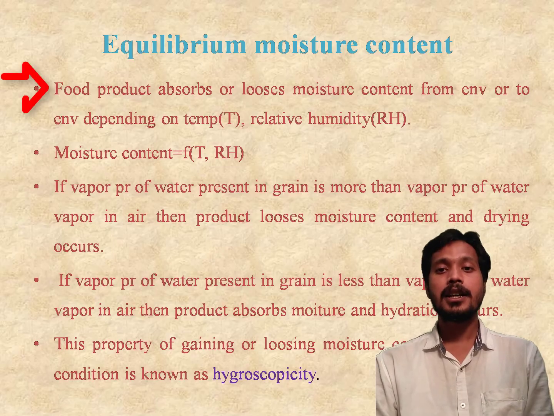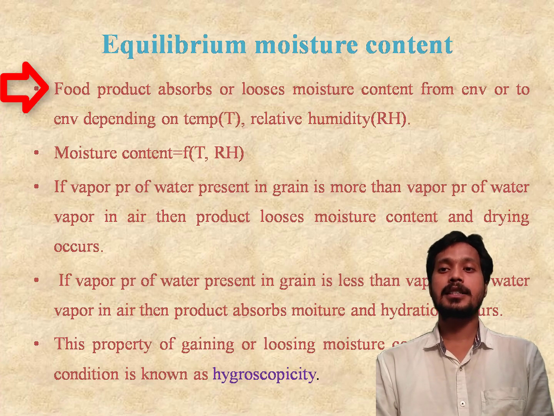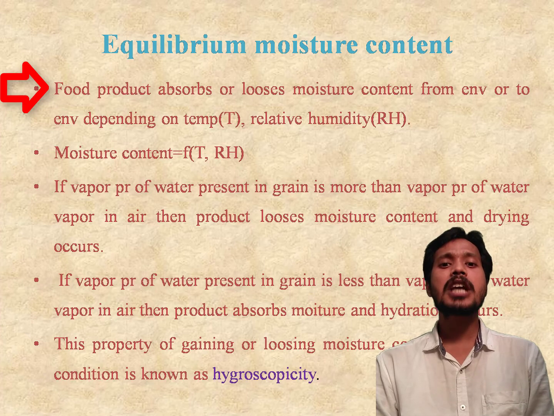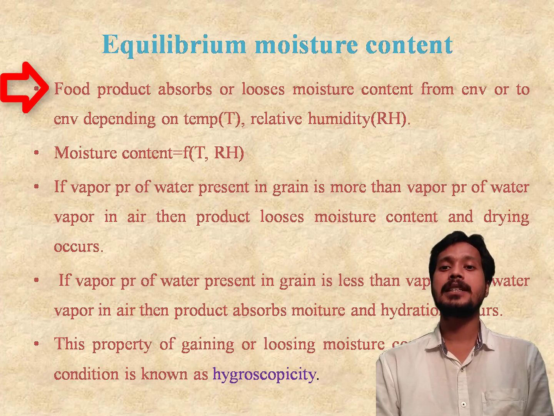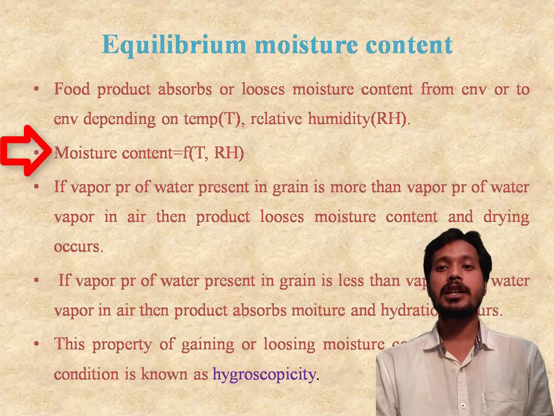Here you see a food product absorbs or loses moisture from or to the environment depending on its temperature and relative humidity, meaning how much water vapor is present in air or atmosphere. So moisture content is a function of temperature and relative humidity.